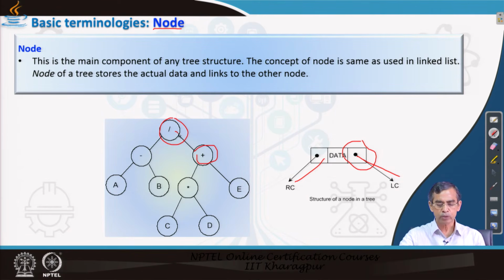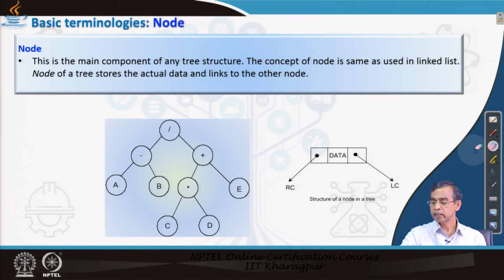So, it stores the address of the left child and the address of the right child, and every node therefore stores the address of its 2 children, left child and right child. This way the entire binary tree can be stored, and that is the beauty of it, right. Only a simple node structure is very useful to store data of any size. Okay. So, this is the idea about the node information.